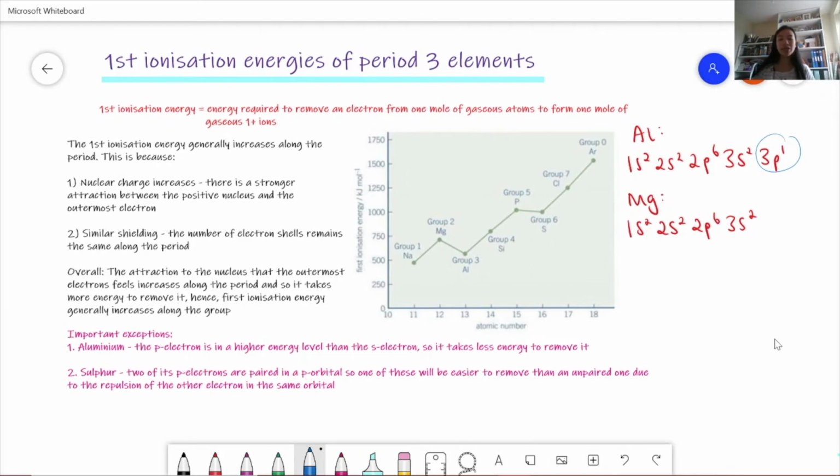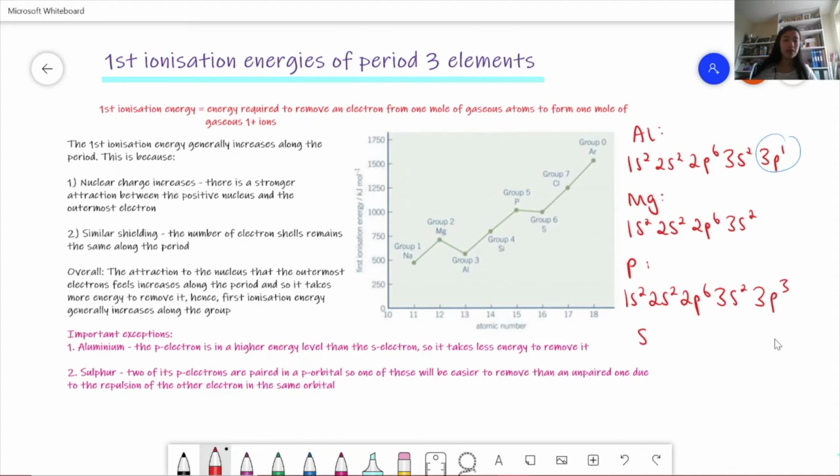The second exception is sulfur, and this is because two of its p electrons are paired in a p orbital, so one of these will be easier to remove than an unpaired one due to the repulsion of the other electron in the same orbital. So if we have a look at the electron configurations of phosphorus and sulfur, for phosphorus we have 1s2, 2s2, 2p6, 3s2, and 3p3.